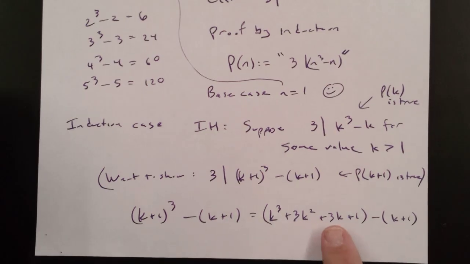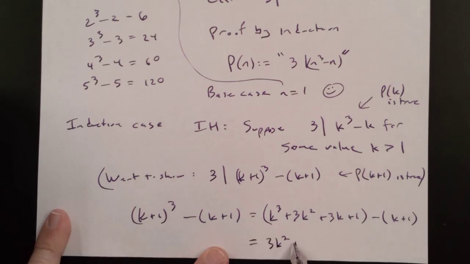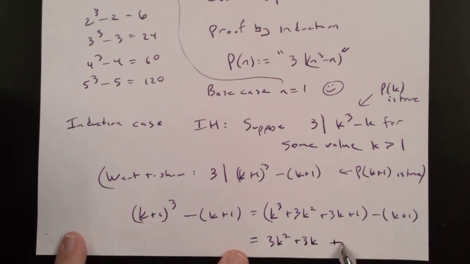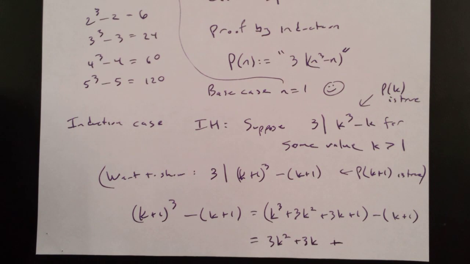I see some things that already have 3's in them. Let's set those aside for the moment. What's left if I set those aside? Because they're definitely divisible by 3, aren't they? I don't have to worry about those. Those have 3's in them.